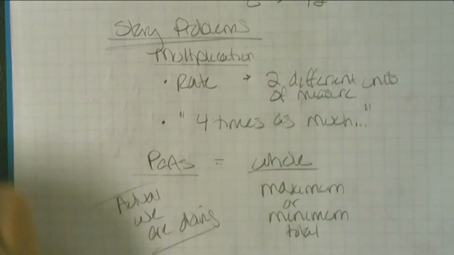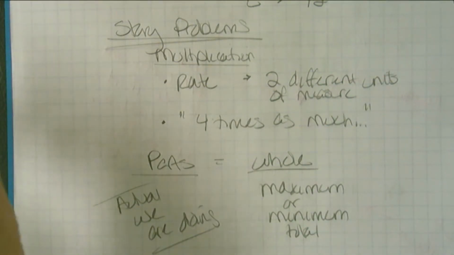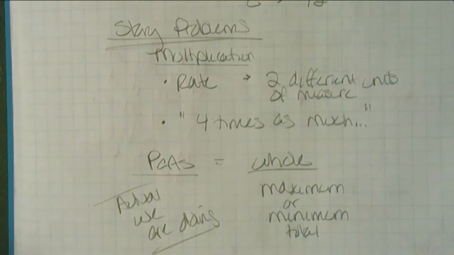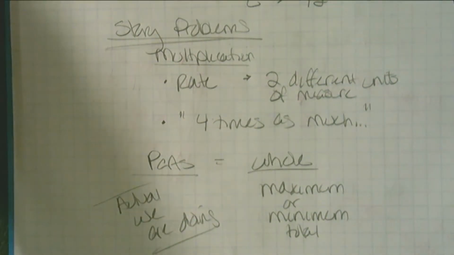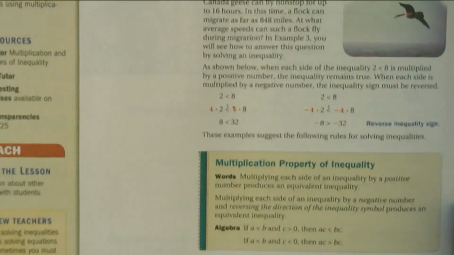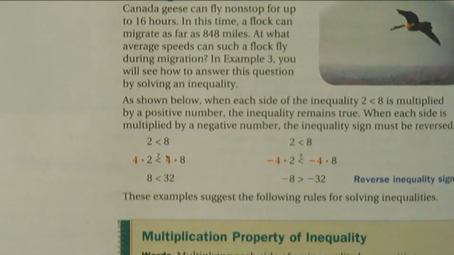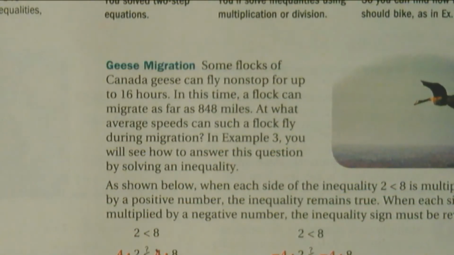All right, I'm going to show this to you, and I want you guys to write this information down, and then we're going to do it in this example that we're doing. All right, it's going to be talking about Canadian geese. So write down the information that you need. And we're going to talk about how we know it's an inequality.